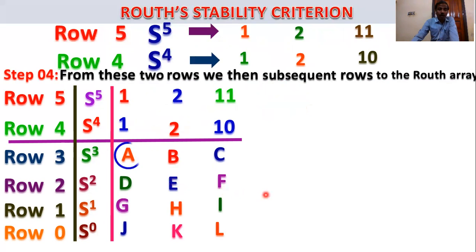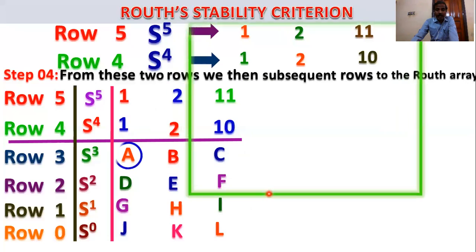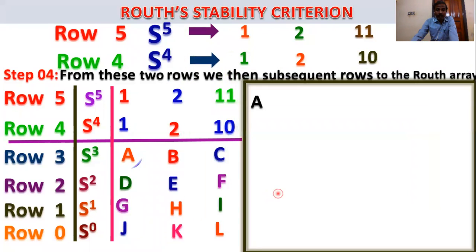So what is the value of A? A equals 1 into 2, minus 1 into 2, divided by the starting value, 1.